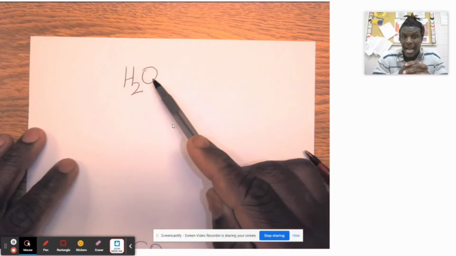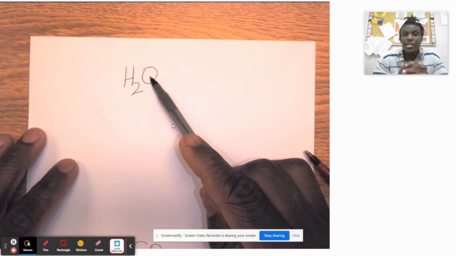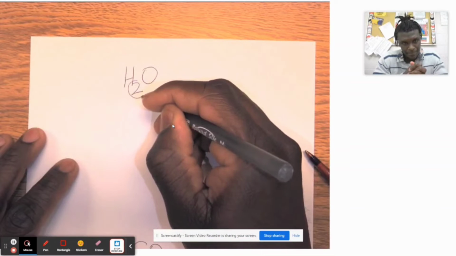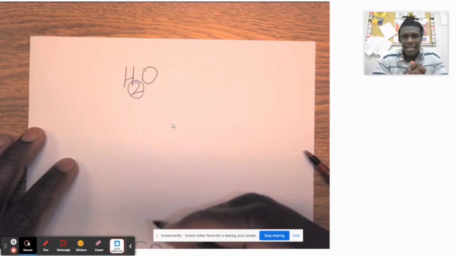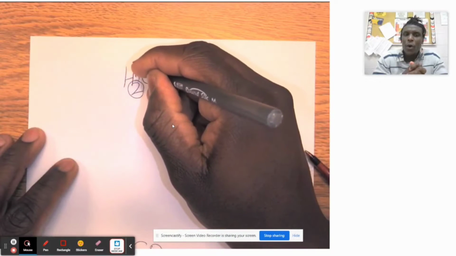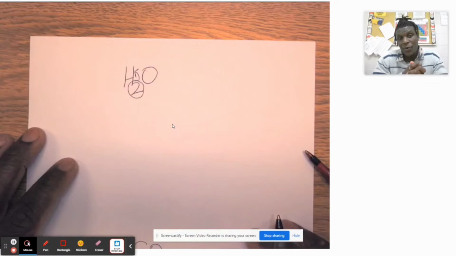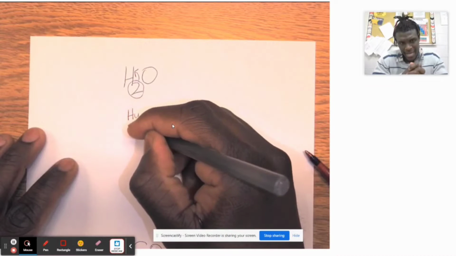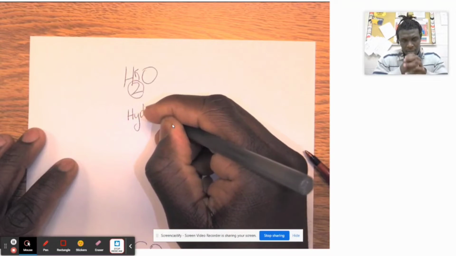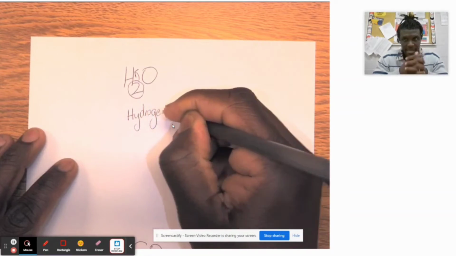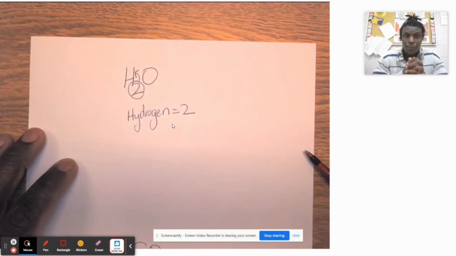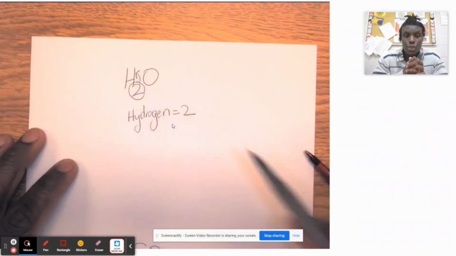So we see hydrogen, which is H, and we see oxygen, which is O. That's on the periodic table. So first we need to write what we see. I circled that 2. What is that 2 for? That 2 is for the hydrogen. So we can go ahead and write hydrogen, which the symbol is H. So hydrogen has 2.